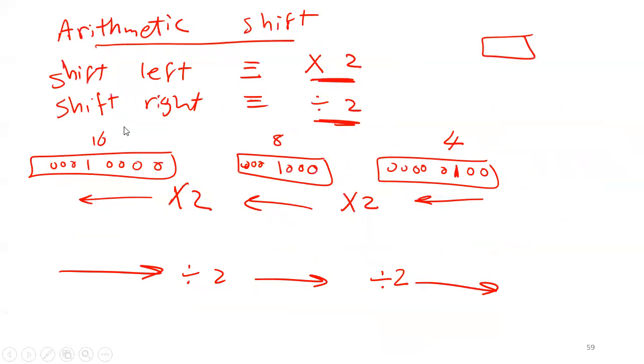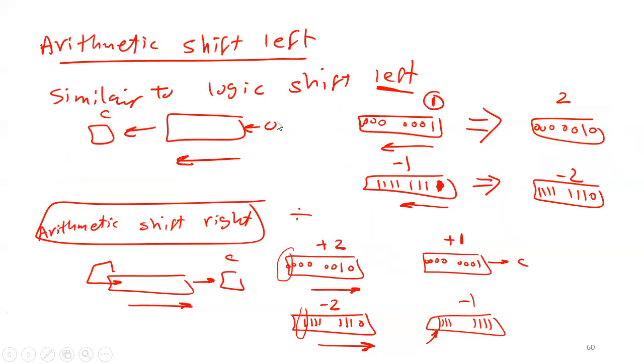Okay, so is that okay? You are okay now? So now, in case of arithmetic shift left, look here, guys. When you shift left, you actually multiply by 2, as I said here. Now this one is 1, now it is 2.